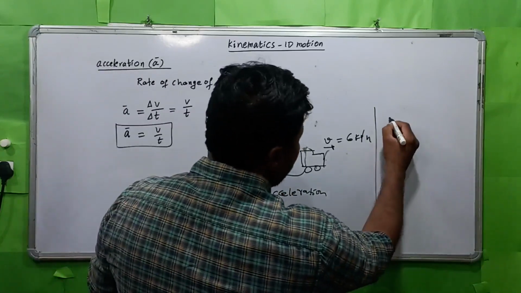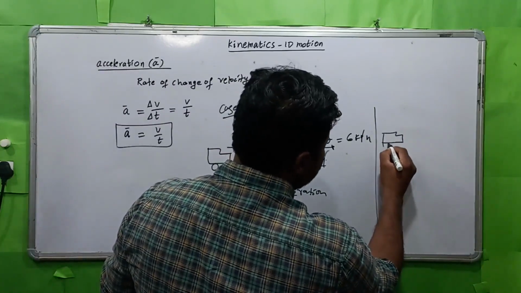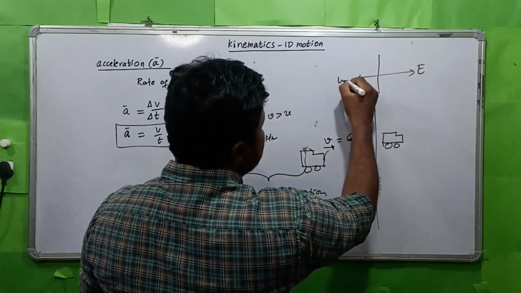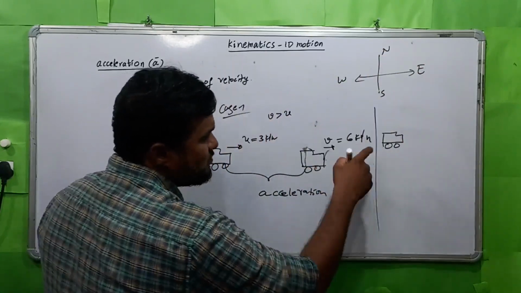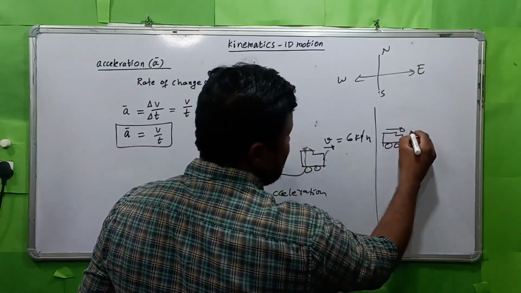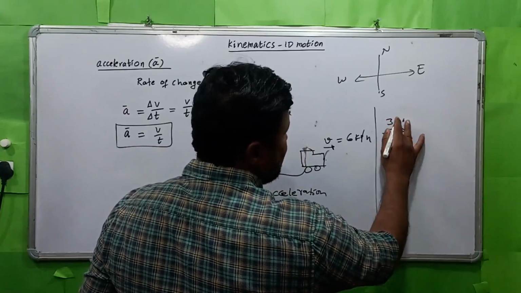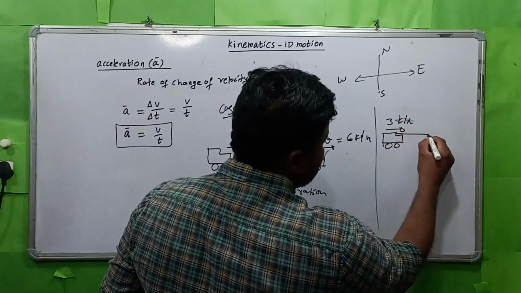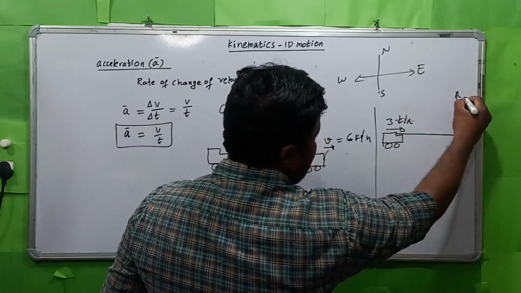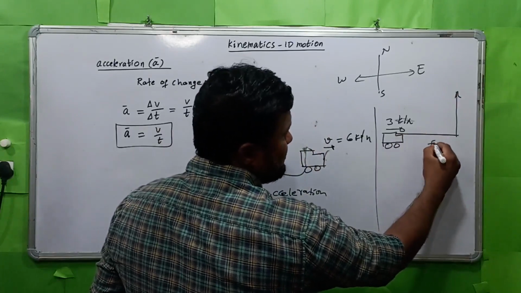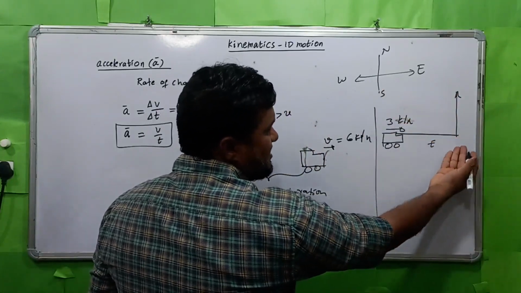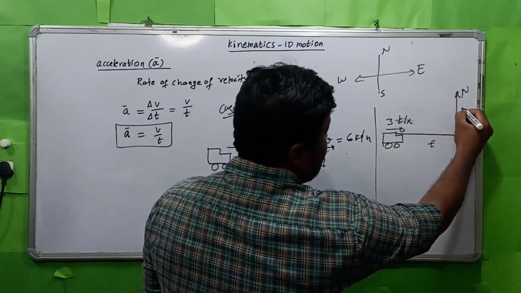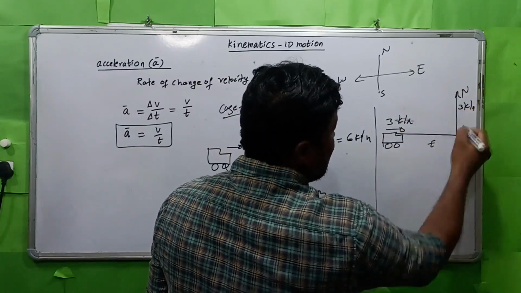In case 2, a car is moving. You have to write geographic directions: east, west, north, south. A car is moving along east initially with 3 kilometer per hour, and suddenly changes its direction towards north. Now the car is moving towards north, but the speed remains the same, 3 km per hour only.